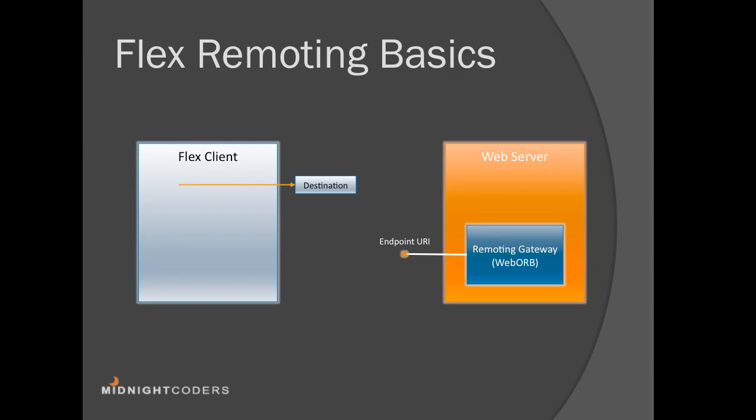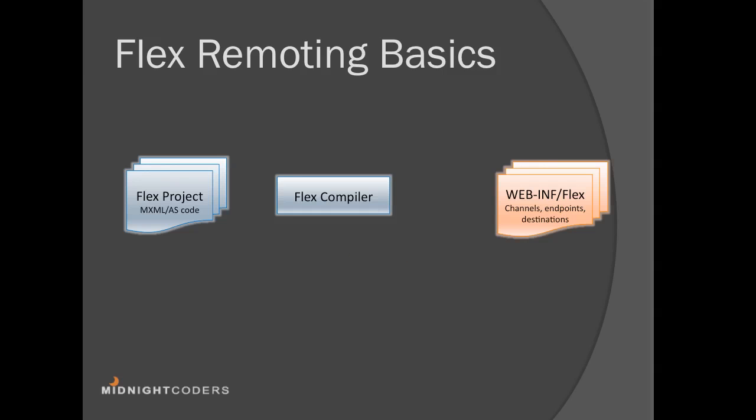A Flex client sends a remoting request to a destination, which internally is resolved to an endpoint URI of the remoting gateway. Once the request is received, the remoting gateway processes the invocation and then delivers the response back to the client.